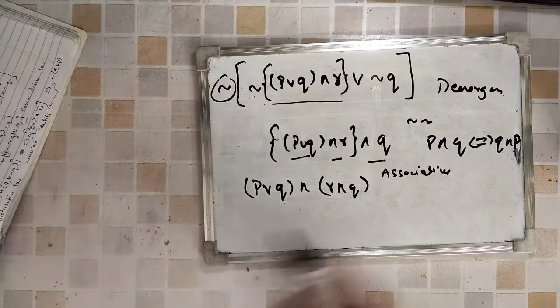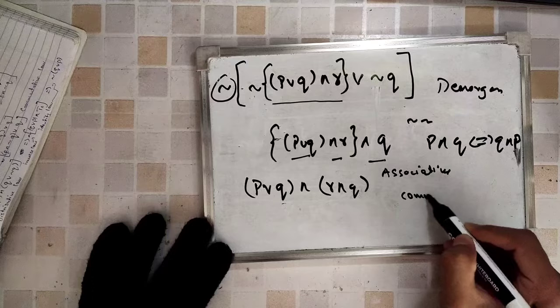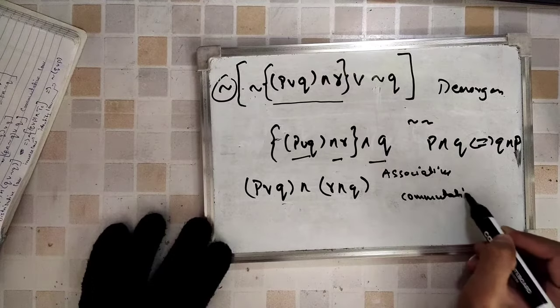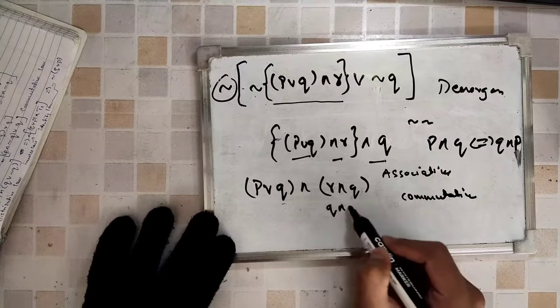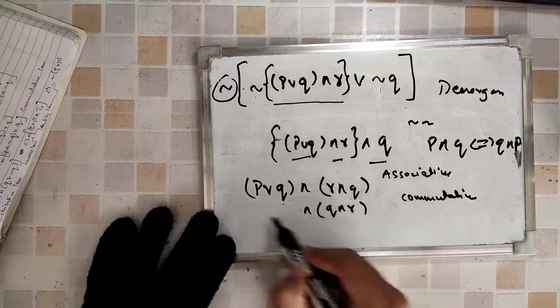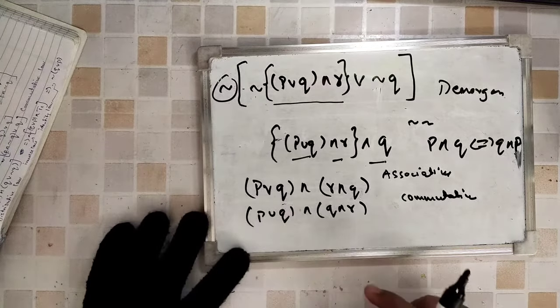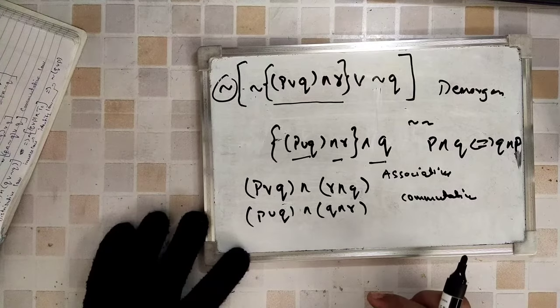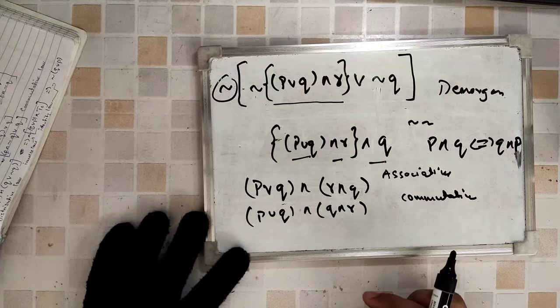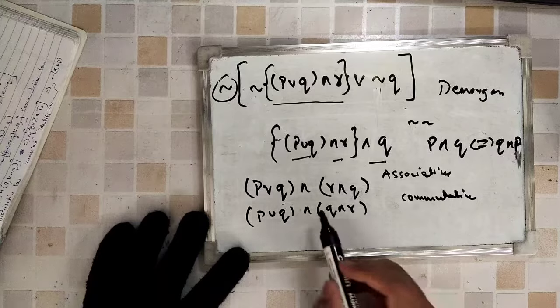Okay, it is the commutative law. From the commutative law, I can write it as Q and R. Then I have P or Q, and Q and R.